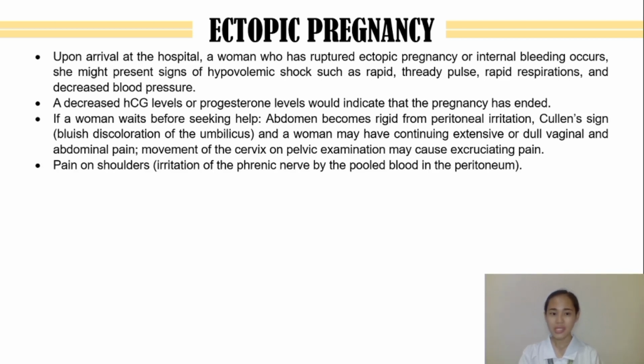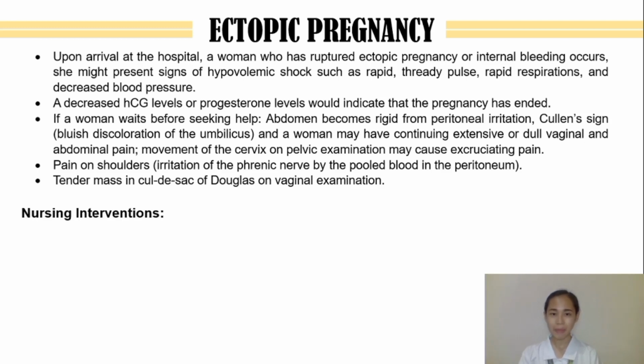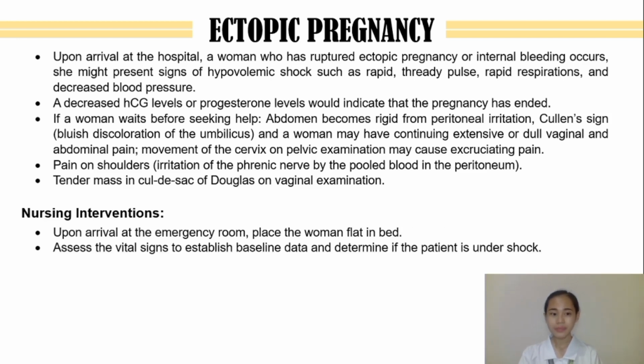Pain on the shoulders results from irritation of the phrenic nerve by the pooled blood in the peritoneum, and a tender mass is found in the cul-de-sac of Douglas on vaginal examination. For nursing interventions, upon arrival at the emergency room, the nurse must place the woman flat in bed.